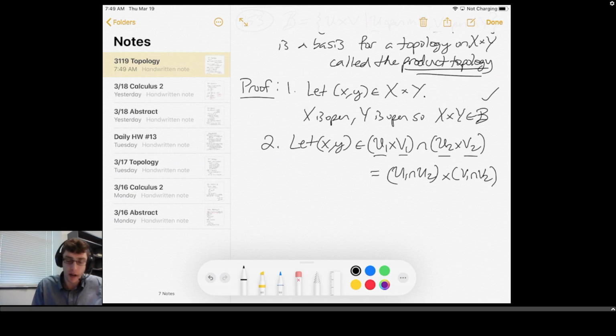And so this guy is open, right? It's the intersection of two open sets. So this is open in X. This is open in Y. And so call this your B. But yeah, this is your basic open that's contained inside the other ones. So in this case, it's just the same.